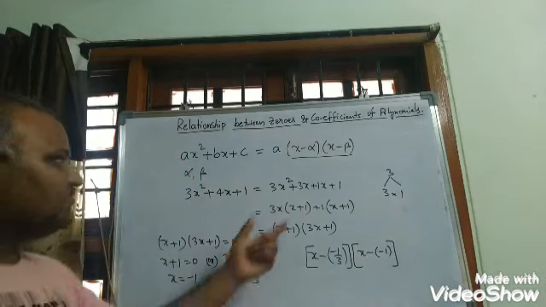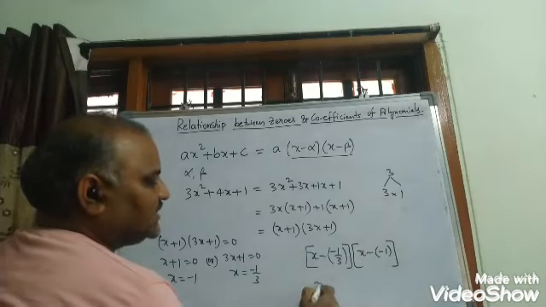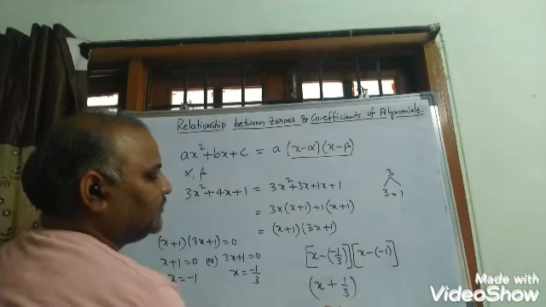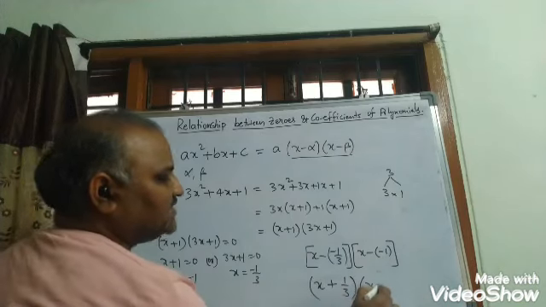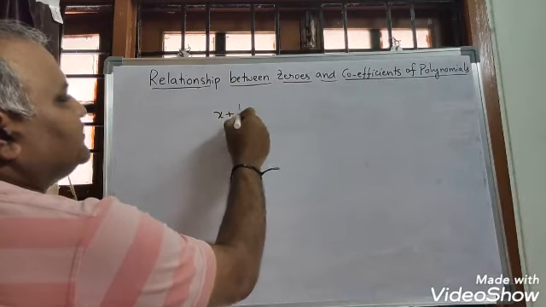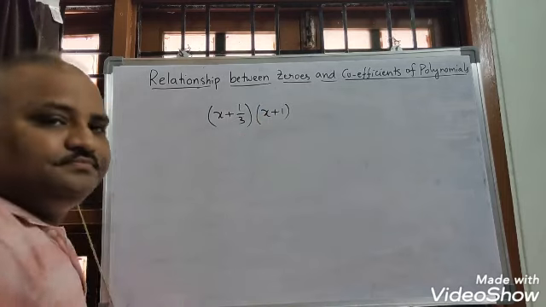So x minus alpha into x minus beta is x minus of minus 1 by 3 and x minus of minus 1. Now it is nothing but x plus 1 by 3 of x plus 1.